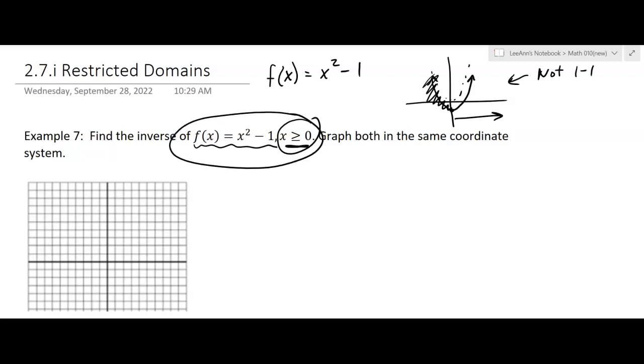I can graph this. Okay, so I think I'll graph it in orange. And you could do a table of values here, or you can use the transformations. Let's see. I hope I counted that right. It should be 1, 0, and then up 1, 2, 1, 2, 3, 4. Okay.